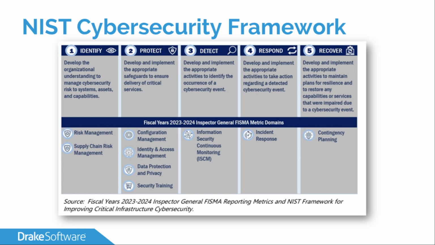When we look at the 5 stages, I want to look underneath in each column, some areas of focus that have been called out by the Inspector General of the United States. When they look at government entities, these are the areas they're looking at much more closely through a program called FISMA. If you're not familiar with FISMA, you should look it up.